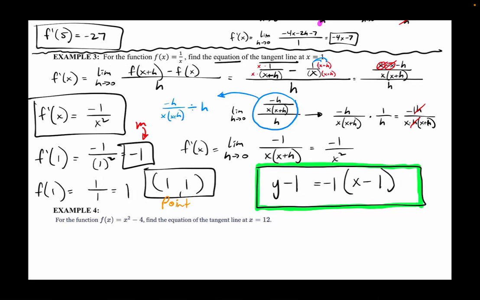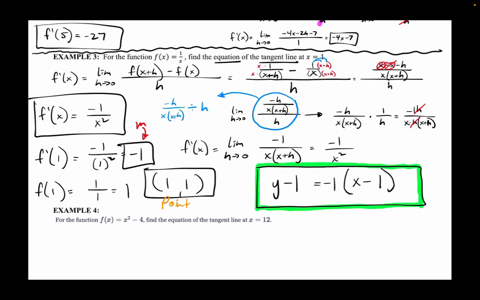Before we go on to the next one, I'm not so worried about the x plus h and all this stuff, because that's just practice, like we talked about, more foundational skills. I'm worried about what were the steps? What was the process? What was the first thing that we did when we did this problem?